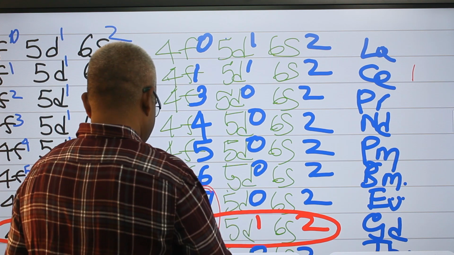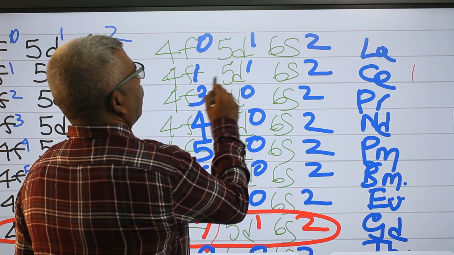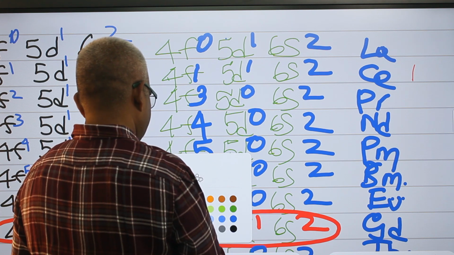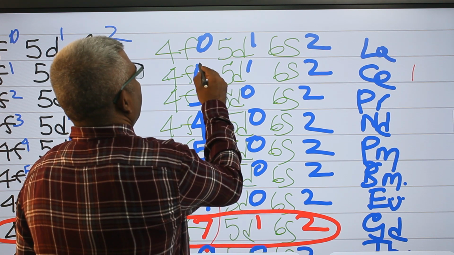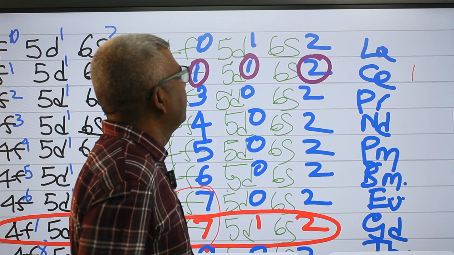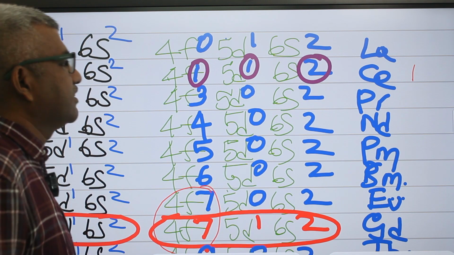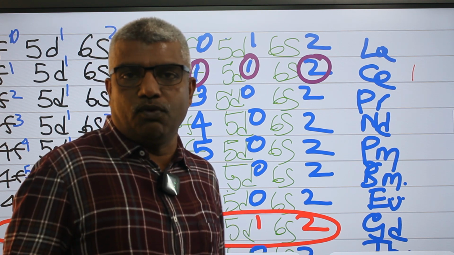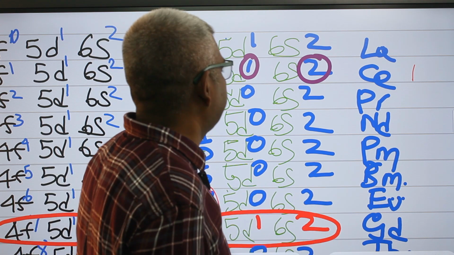Cerium is 4f1, 5d1, 6s2. If you take all these 4 electrons out, 4f will be empty, 4f0. When 4f is empty it will be stable.